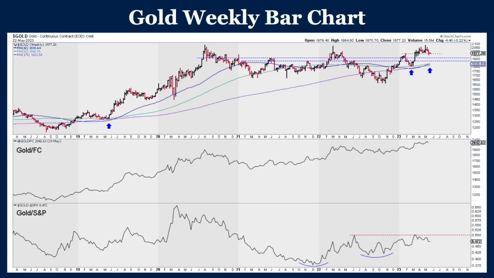So we're looking at a weekly bar chart of gold here. Gold at the top, and then below we have gold against foreign currencies. Another way of looking at that is gold multiplied by the US dollar index. And then at the bottom we have gold against the S&P 500. So starting off here, you can't see it in this chart.